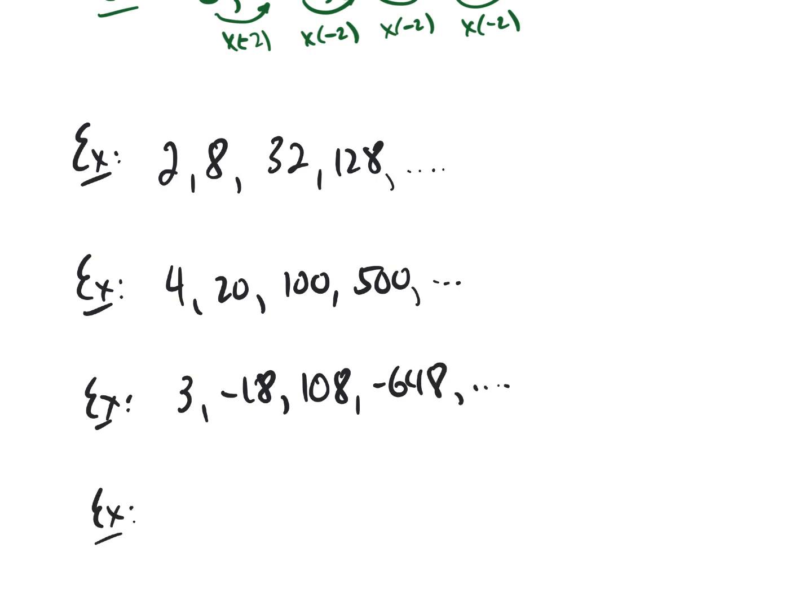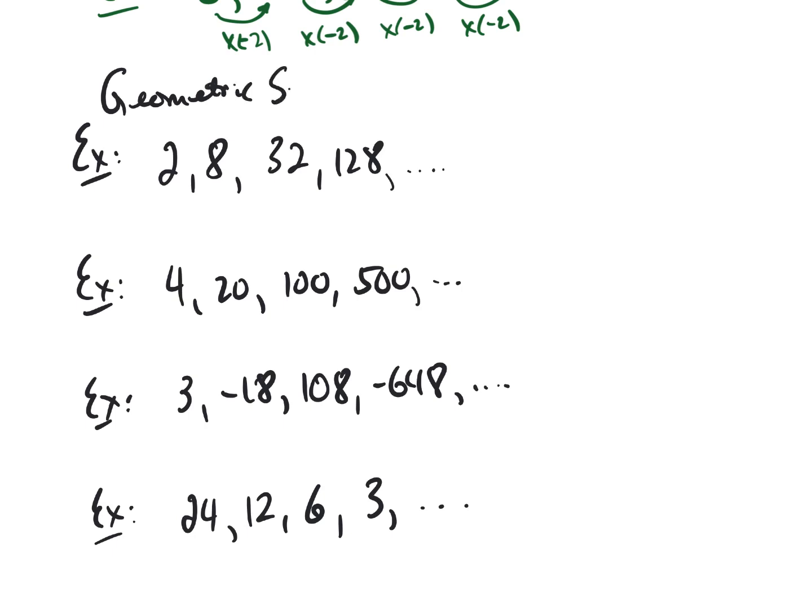And I've got room for one more here. 24, 12, 6, 3, and so on. These are all examples of geometric sequences, and you'll see that as we go through some of the examples here.